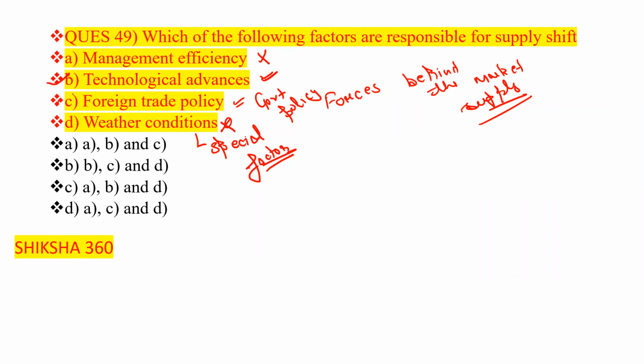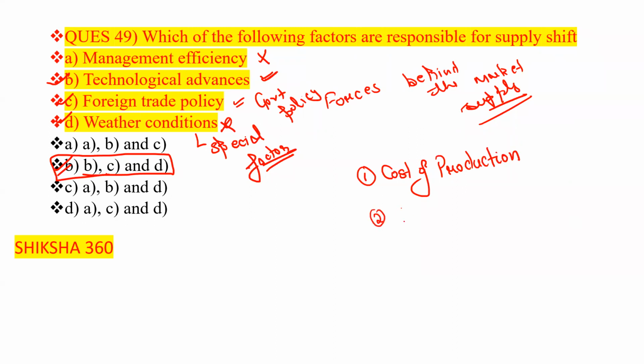So the second, third and fourth are correct. So option number B is the answer, that is B, C and D. Now I will explain once again the factors responsible for the supply shift. First one is the cost of production. Second one is the prices of inputs and technological advances.